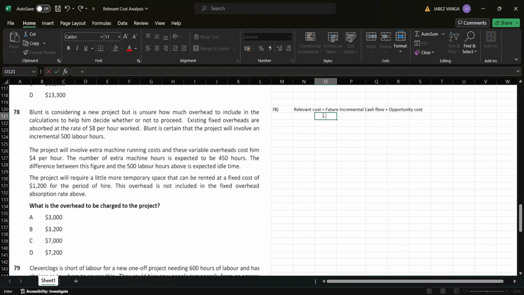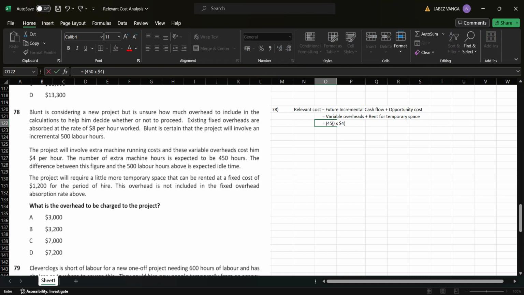We would see that only variable overheads plus rent for temporary space. So this will be 450 hours into $4.